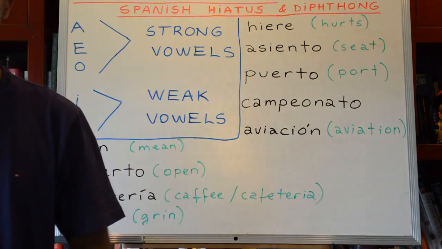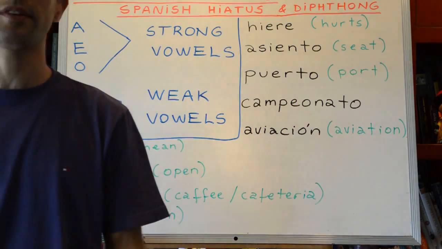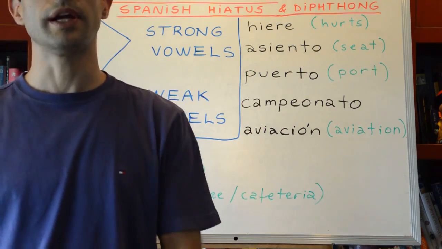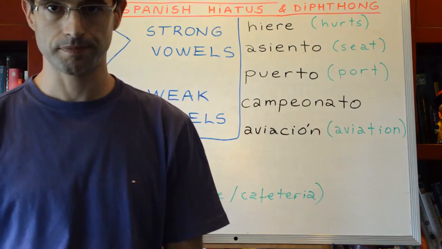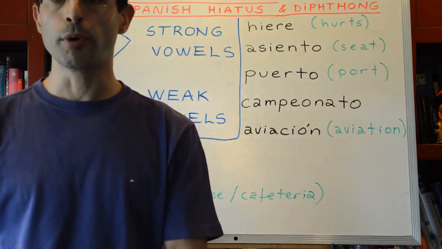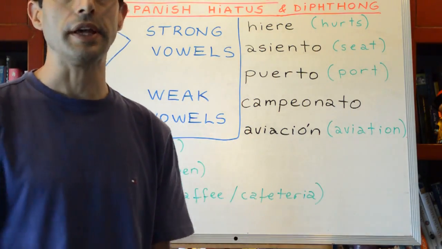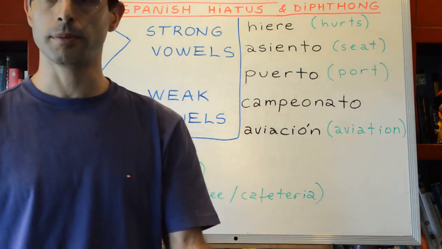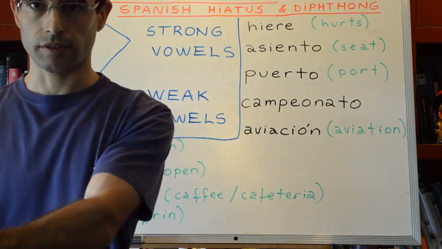In our previous class, I talked about the diphthongs and hiatus in Spanish. En nuestra clase anterior les hablé sobre los diptongos y los hiatos en español. Les hablé de la diferencia de cada uno y cómo poder determinar cuándo tenemos un diptongo y cuándo tenemos un hiato. I taught you how to determine when we have a diphthong and when we have a hiatus.